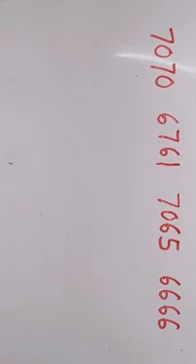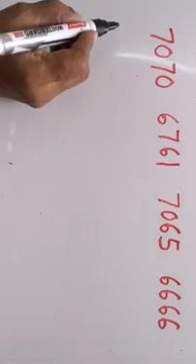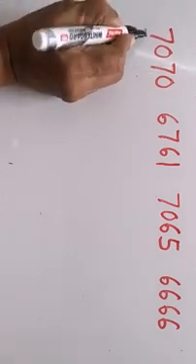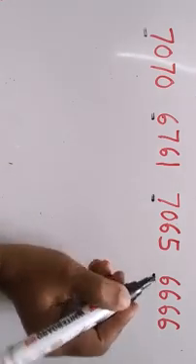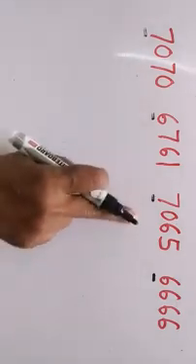Now let me see, how do we start? What will we compare, children? First we are comparing the thousands place, the greatest place. Now children, if you look here, this has 7, this has 6, this has 7, and this has 6. So let's first ignore the 7s.